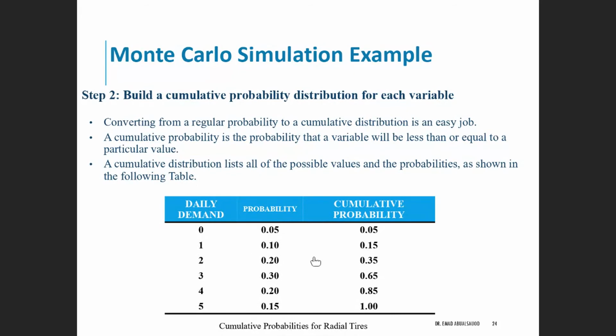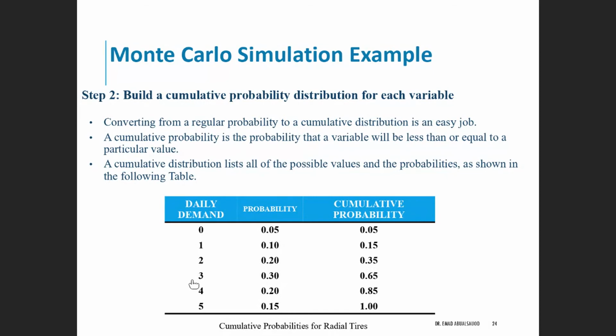And the probability for 2 tires daily demand will be equal to 0.2 plus 0.1 plus 0.05. Cumulative is تراكمي, like your GPA is تراكمي and there is a semester GPA. Consider this one like the semester GPA. This one is the تراكمي cumulative. Okay. So 0.35, where did we get it? We get it from 0.2 plus 0.1 plus 0.05.